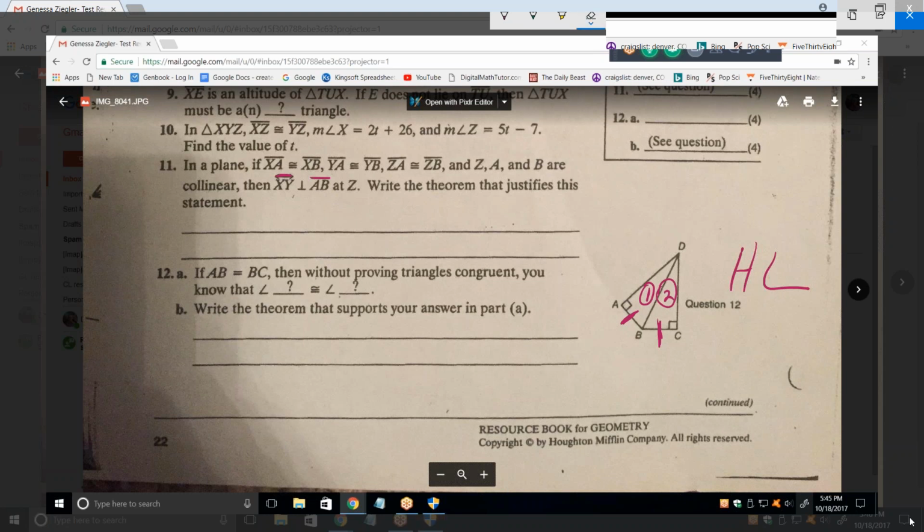But we're trying to prove it without proving congruency. And what is it that they want us to prove? Without proving congruency.